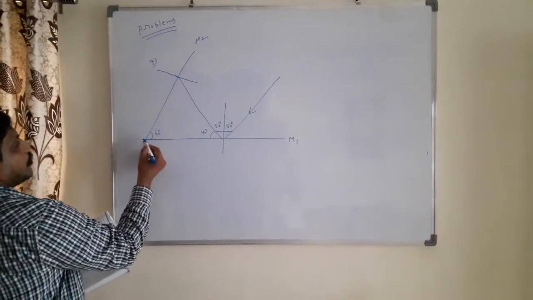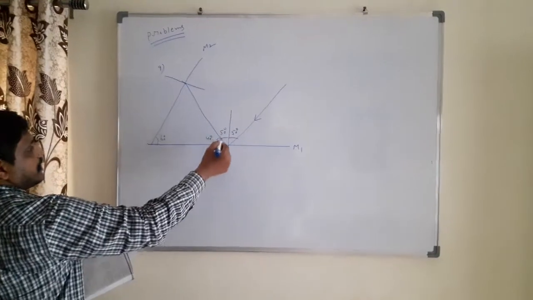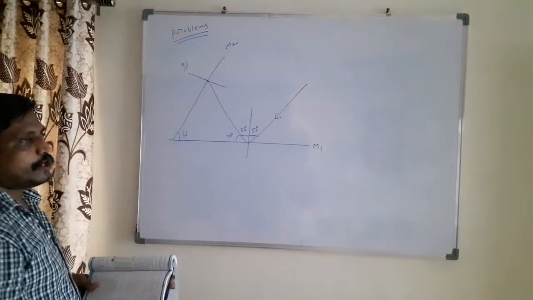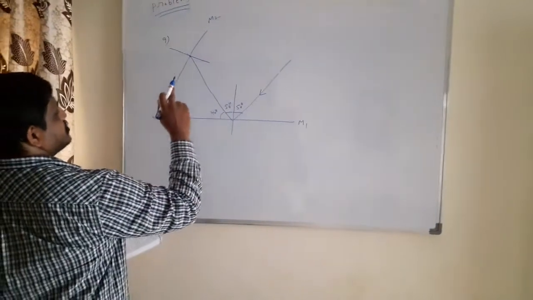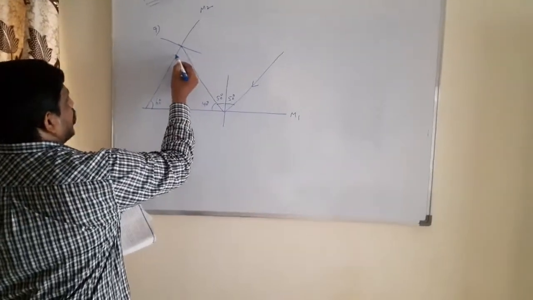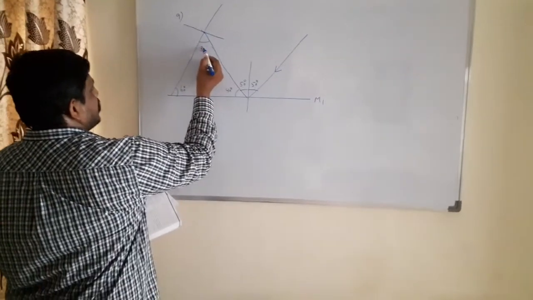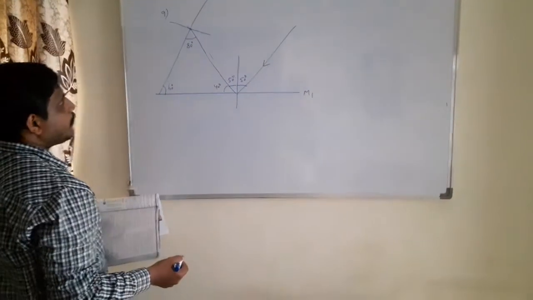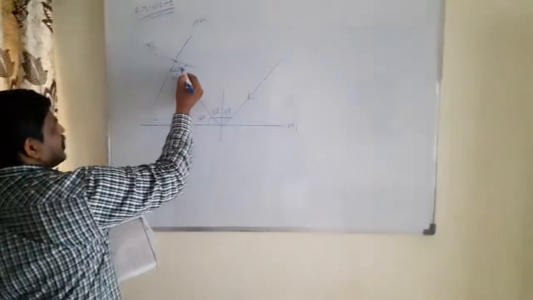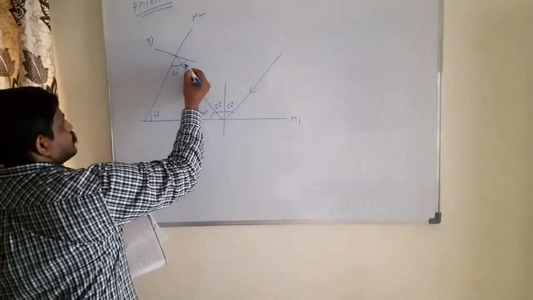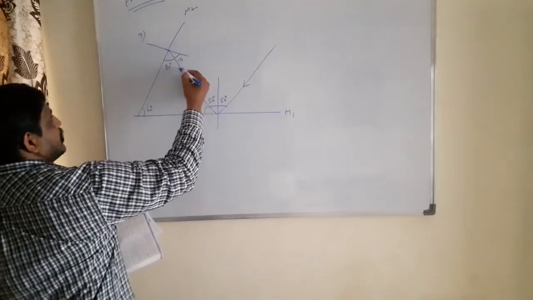In the triangle, the total of the angles is 180 degrees. Here 60, here 40, that is 100, so automatically this becomes 80 degrees. This is the normal of the mirror, and the total angle is 90 degrees, so it becomes 10 degrees.